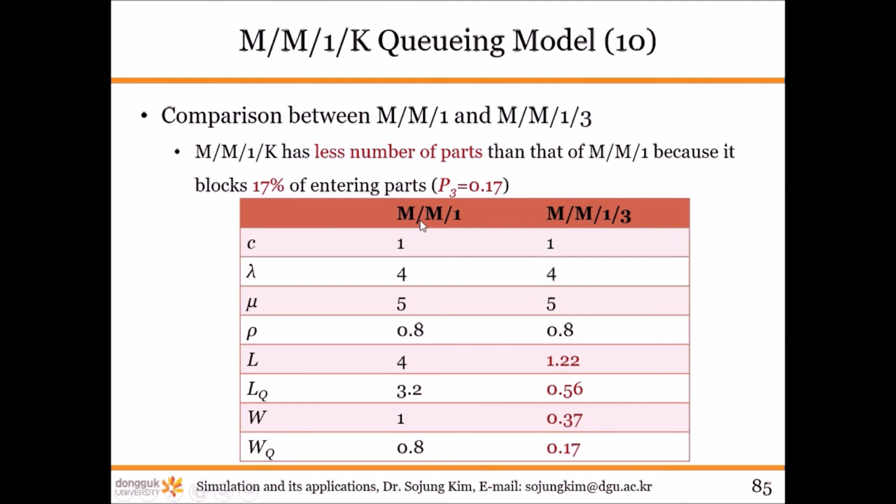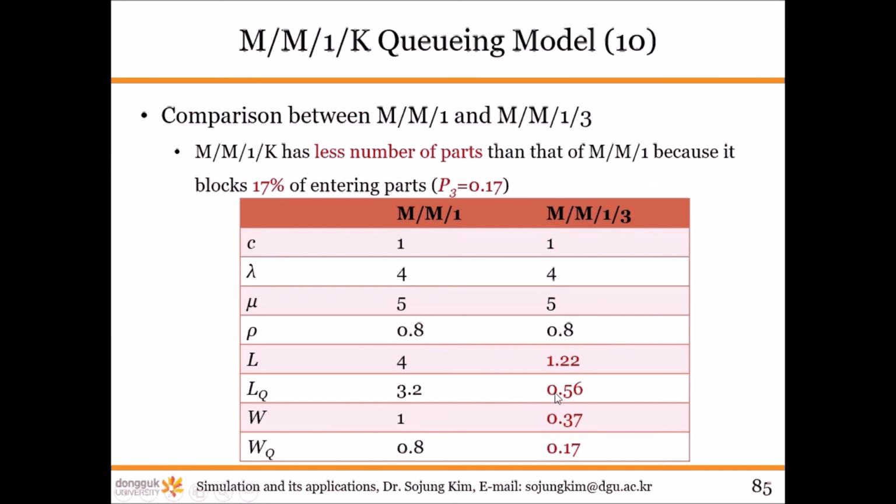So if I summarize the performance of the M/M/1 and M/M/1/3 under the given parameters, C is the number of servers, so this one is 1. We have only one server in the system. And the lambda, mu, and rho values are still the same. However, because it only allows us to have 3 customers in the system, L is way smaller than in the M/M/1 model.